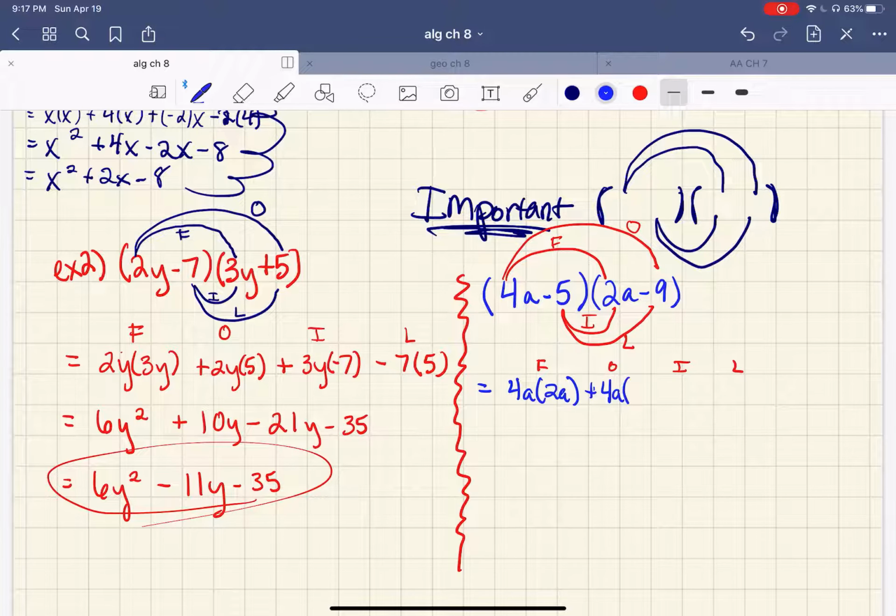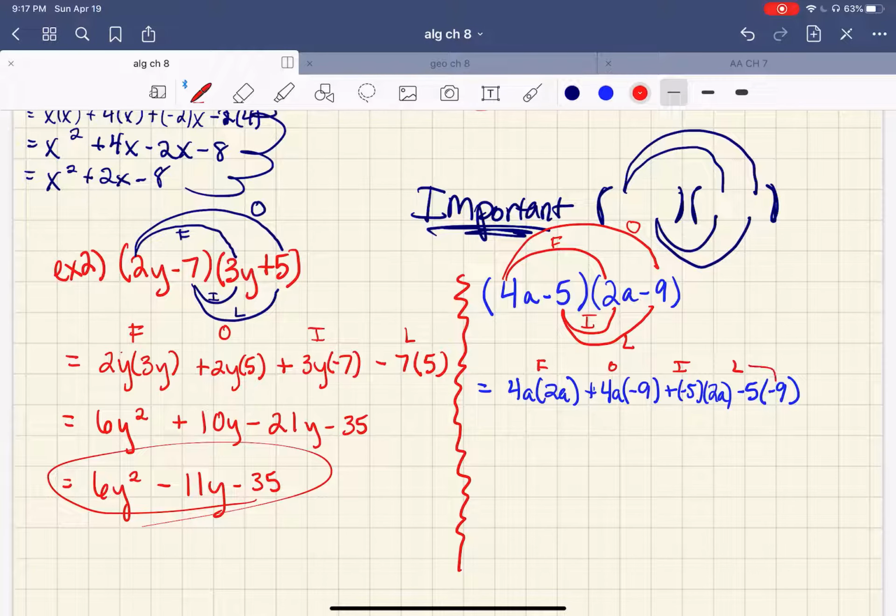All right, and then I have outer, which is going to be 4a and negative 9. Then the inner is going to be, well, negative 5 times 2a. And then last is going to be negative 5 times negative 9.